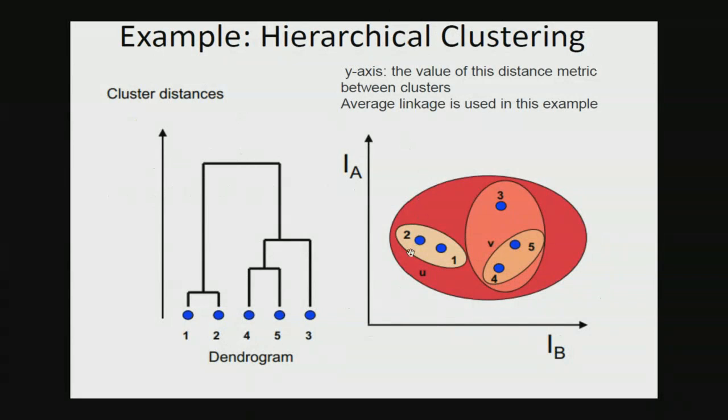That's the final product of hierarchical clustering. But we always want some separation of the data, so you do the tree cutting. If you cut the tree here, we'll have 2 clusters. If you cut here, we'll have 3 clusters. Here, 4 clusters. And if you cut at the very bottom, we'll have 5 clusters.